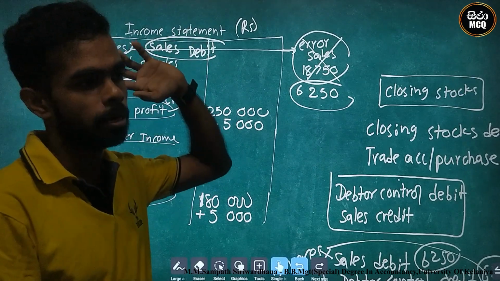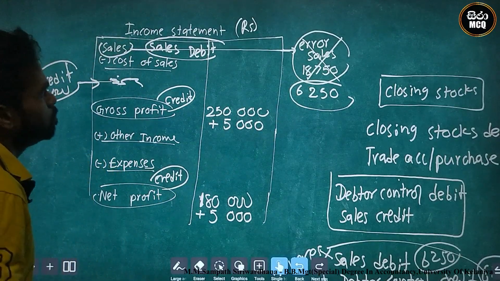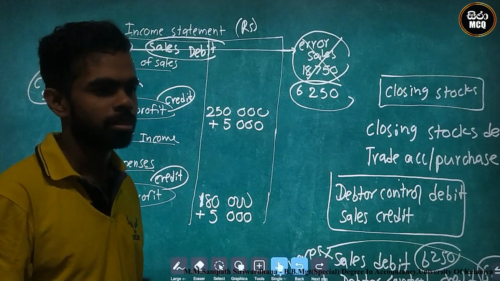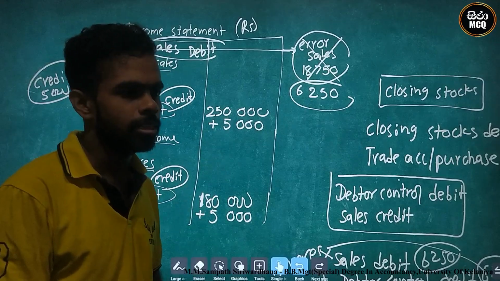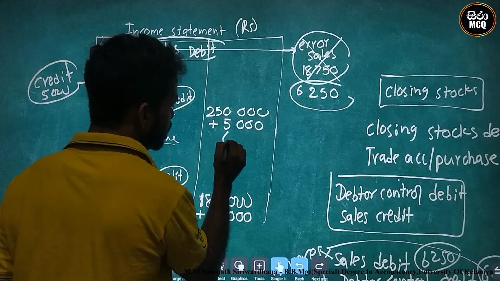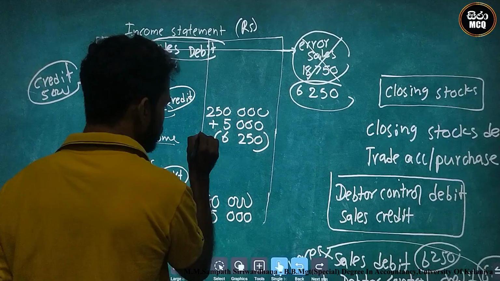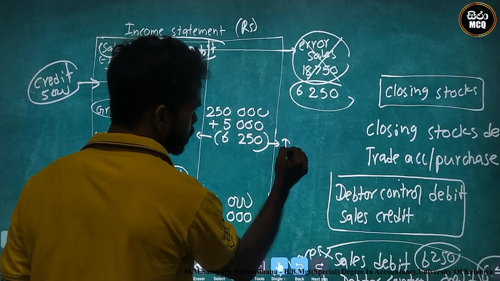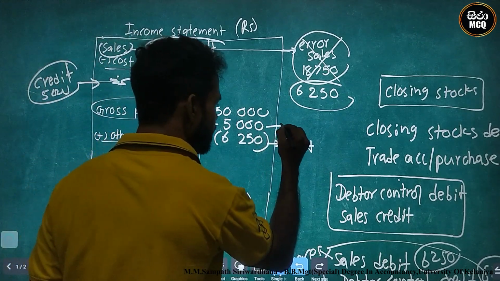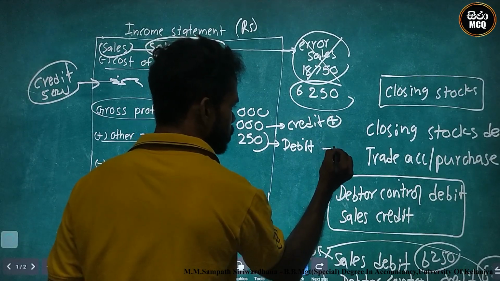This is the top of the area impacted. Therefore, gross profit was impacted. Sales was debit. Gross profit is credit dial. But this short is debit. You must be deducted. 6,250 must be deducted. Why? This is the debit short. All debit short should be deducted. All credit short should be added. Okay, credit add, debit short minus.